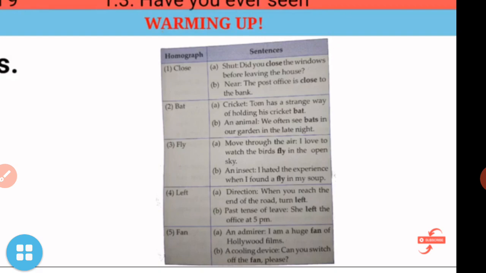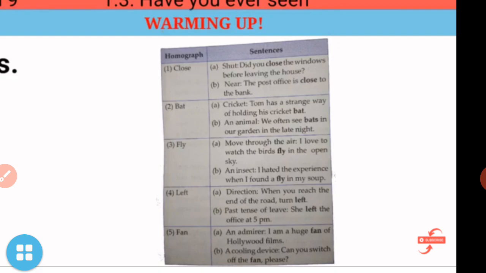The second sentence we have made uses the meaning near. The first meaning of close is shut and the second meaning is near. We can say we are close to this person, we are staying near his house. So it has two meanings.